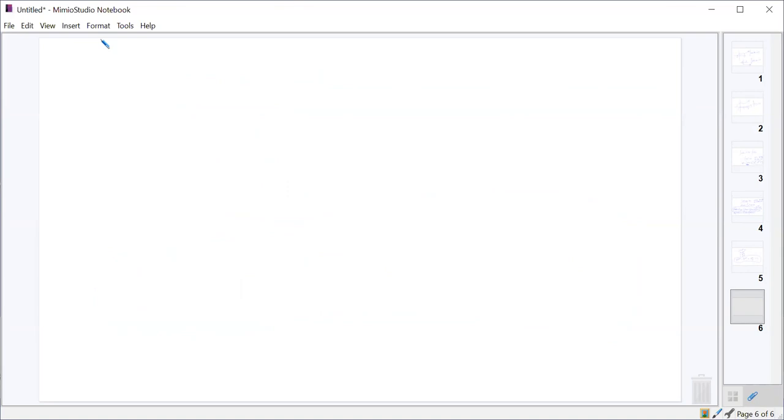Let's see here. Suppose we had an integral like this one. This one does not have an easy, simple u substitution. It's just a rational function.